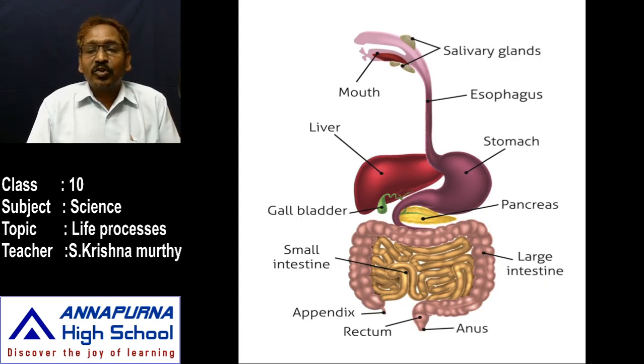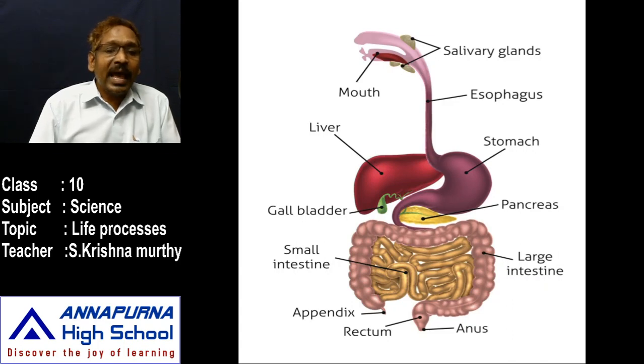I have told you that the liver has no enzymes, but the liver contains bile salts. These bile salts help in the splitting of fatty molecules into small globules, which is called emulsification.